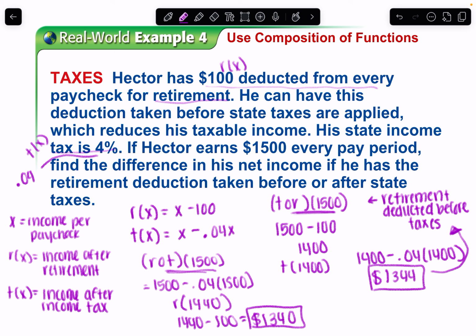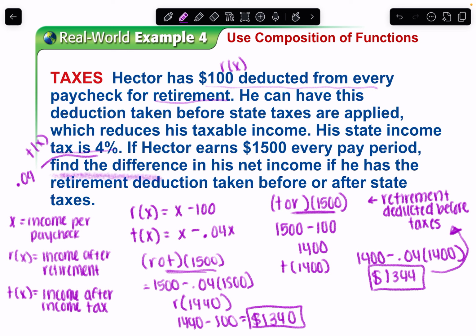This scenario is saying I had $1,500, I took 4% of that and subtracted it, taking away my tax first, and then took my $100 for retirement. It's really just seeing which one is going to give you the better benefit, and what it's actually asking is to find the difference.